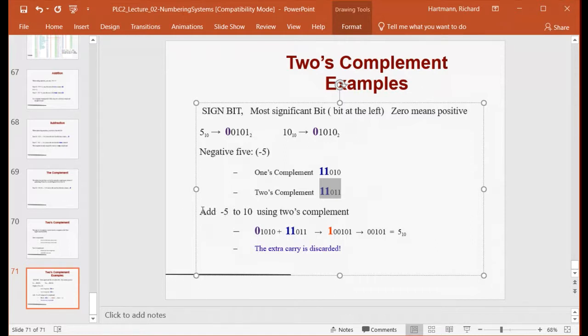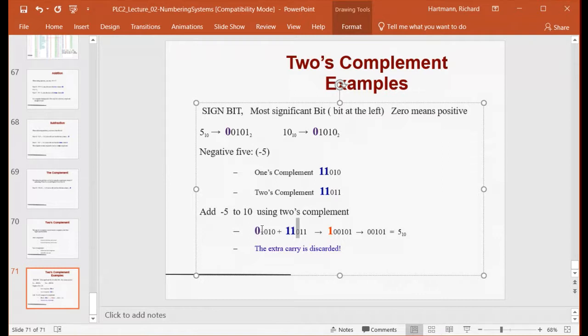Now I'm going to add -5 to the number positive 10. So remember, this is positive 10, and this is my number -5, and I'm going to add positive 10 plus -5. And so what we have here, we're going to add each one of these. So a 1 and a 0 is a 1. A 1 and a 1 is a 0. Carry the 1. So I need to carry the 1.